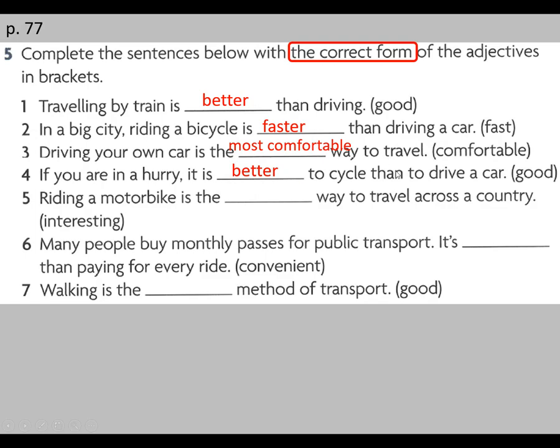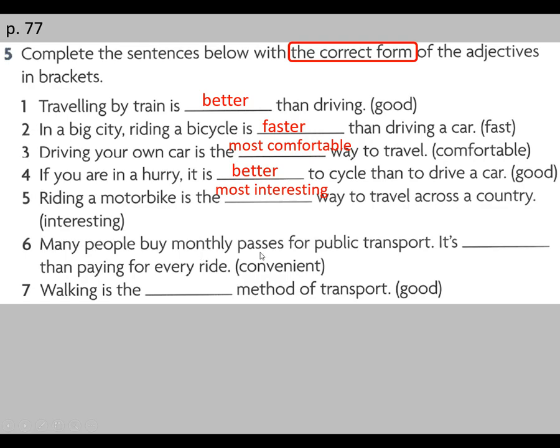See the word than? And there are 2 things, to cycle and to drive a car. Number 5, riding a motorbike is the most interesting way to travel across a country. The definite article might be helpful here.